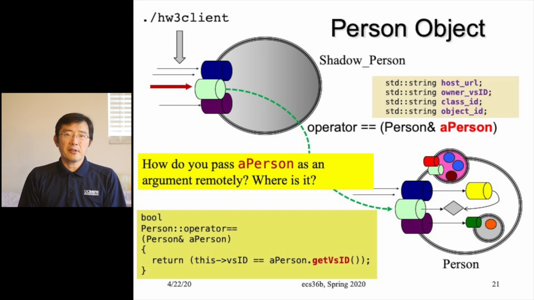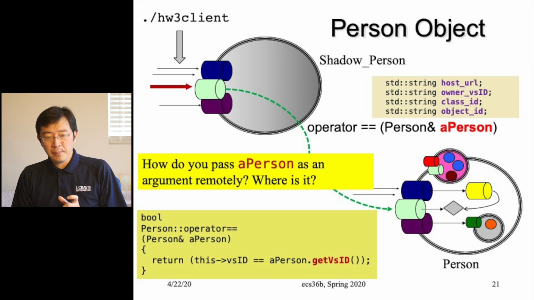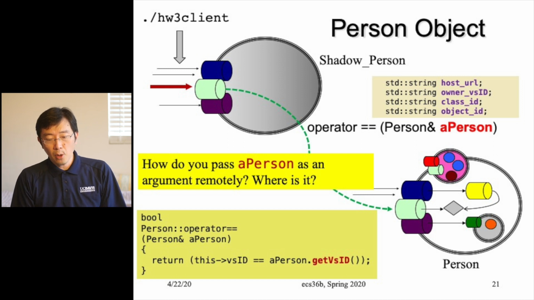The first problem is that when I pass a reference to a particular object, what I can do is use the core object we already defined. By the way, core object has 4 parameters, which are host URL, owner VSID, class ID, and object ID.